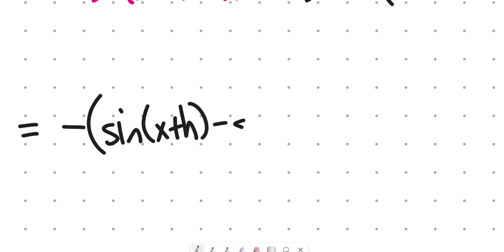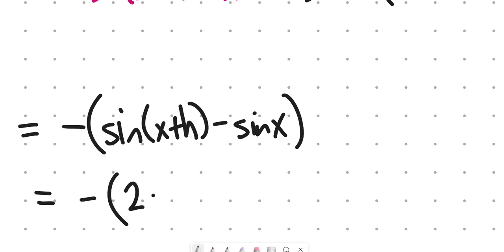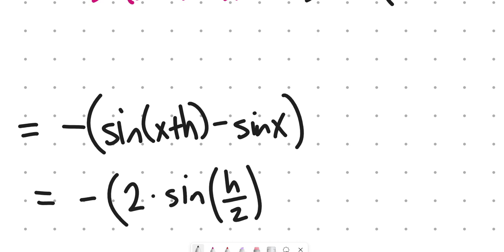So we have negative sine of x plus h minus sine x, which would equal the negative of 2 times the sine of h over 2, times cosine of a plus b over 2.